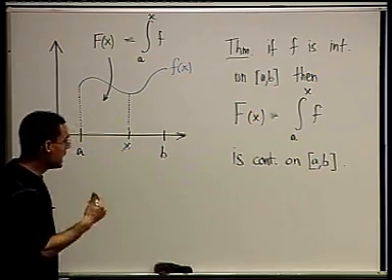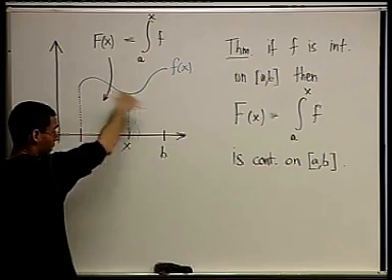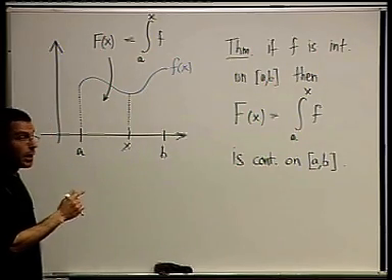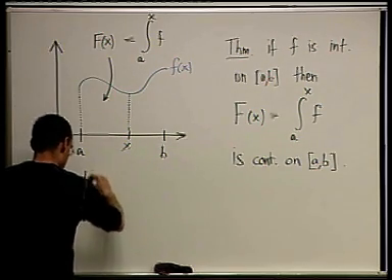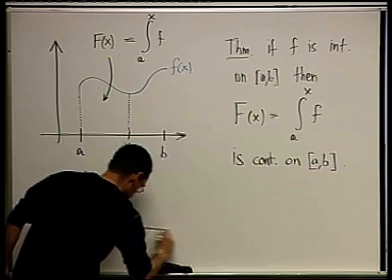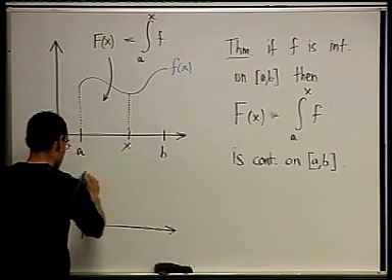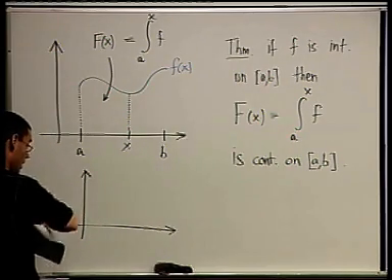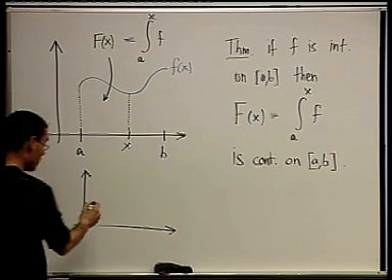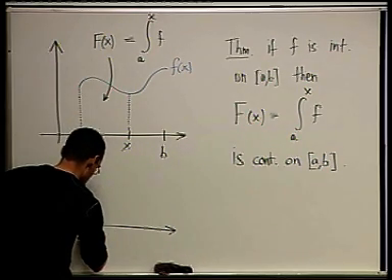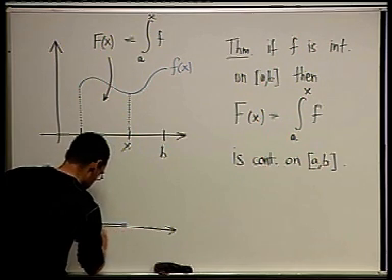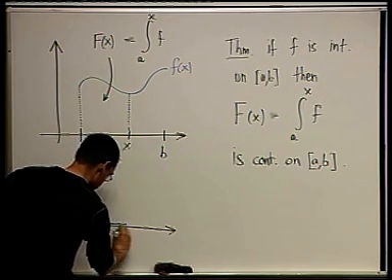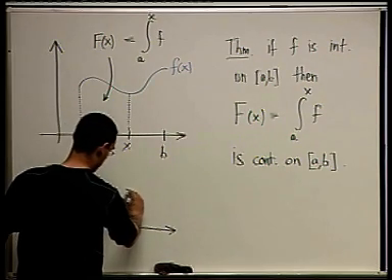Okay? Now that might sound reasonable if you think of a picture like this, but then you can say, wait. What if little f is, for example, not a continuous function? What if little f is the function, let's say it's 0. I'm drawing a 0 that lives up here just so you can see that it's 0. And then suddenly it becomes 1.